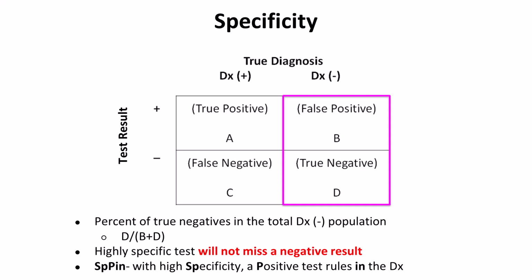How you remember that is SPIN. SP is specificity, P is for positive, and IN. So with a highly specific test, if the test is positive, that rules in the diagnosis. That means the person really has the problem. So if you turn out positive, chances are really good with a highly specific test that you have this problem.